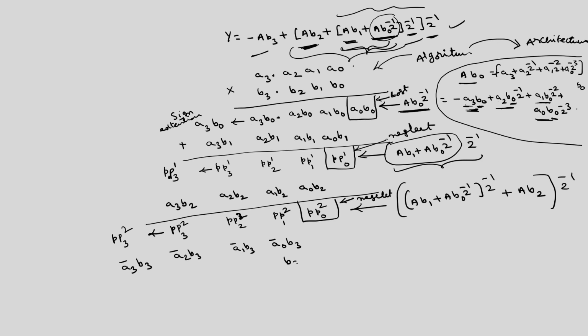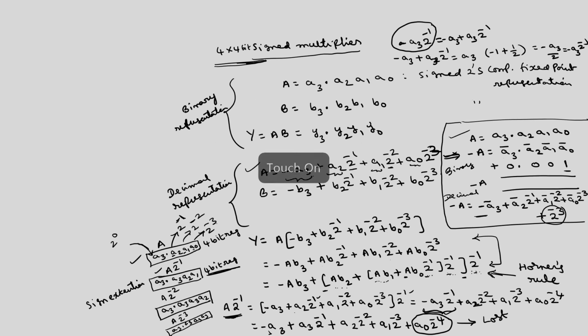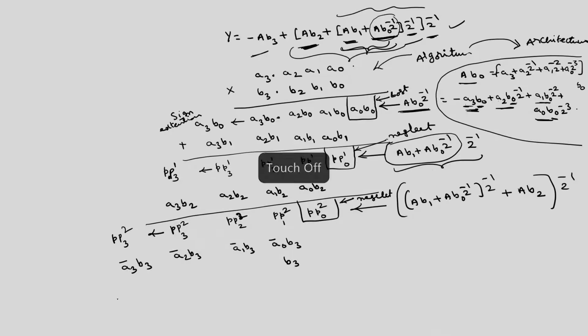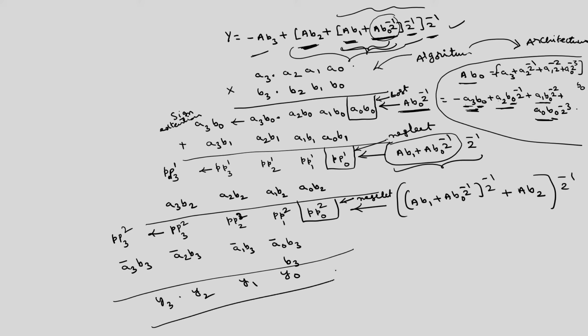Then we will get one B3 here, because there is 2 raised to the power of minus 3 for minus A. If you multiply minus A with B3, then all the terms are A3 bar B3, A2 bar B3, A1 bar B3, A0 bar B3, and then finally simply B3, because here there is only one. So, this is this B3. Finally, you will get this result, which you are calling Y3 dot Y2, Y1, Y0. This is the final result.